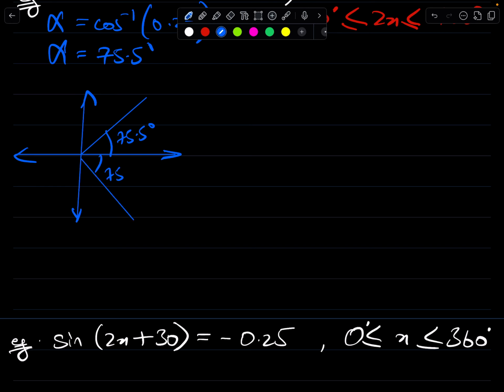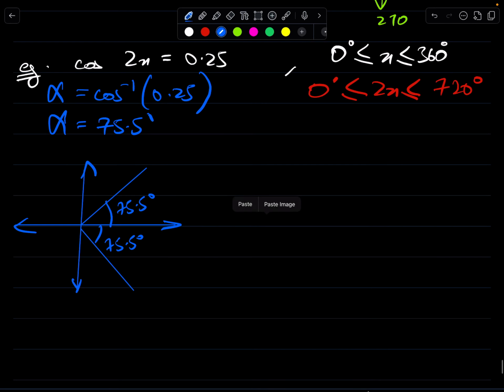And we also have 75.5 degrees here because cos is positive only in the first and last quadrant. Thus, 2x is equal to, we have to go till 720 degrees. So, first of all, we have alpha moving from 0 to 360, that is, 75.5 degrees.